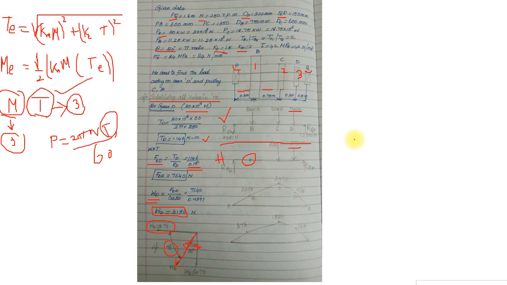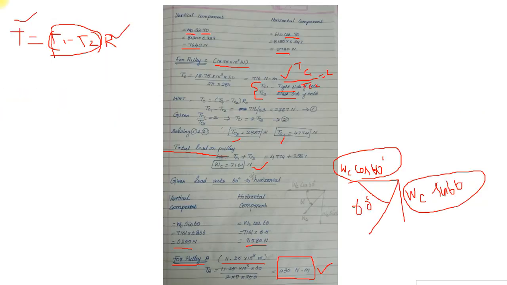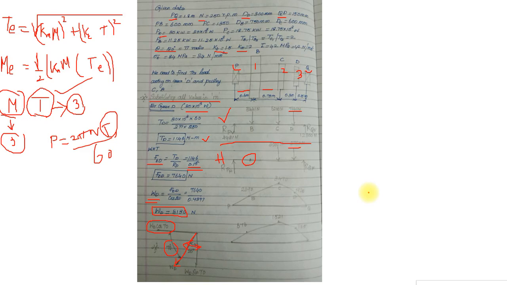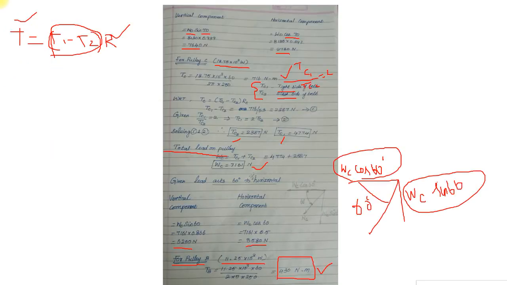So according to this vertical loading, see here, I am having loads at D, at C, and at B. I have all three. Okay, so the distance of this, I hope it is 600. The distance of this is 1350. I hope the distance of this is, yes, 150 mm.